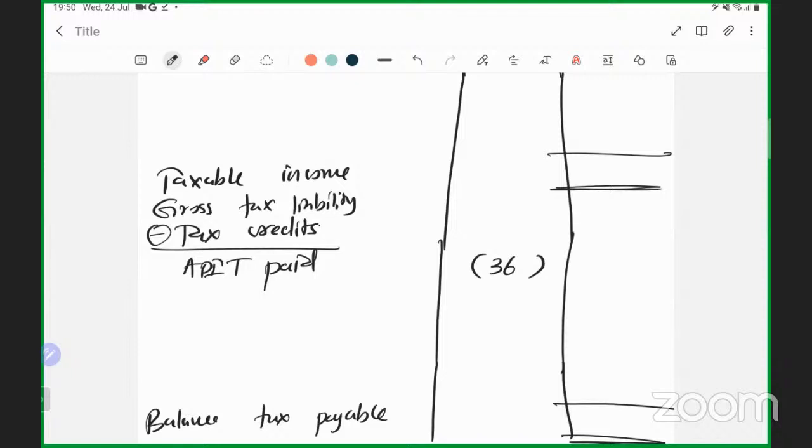Other students, you can go and see the past papers section regarding the responsibilities of the employer regarding APIT or PAYE. Both are the same, but PAYE was abolished after 1st January 2020. After that, in 2022 they introduced a particular advanced tax method called the APIT.